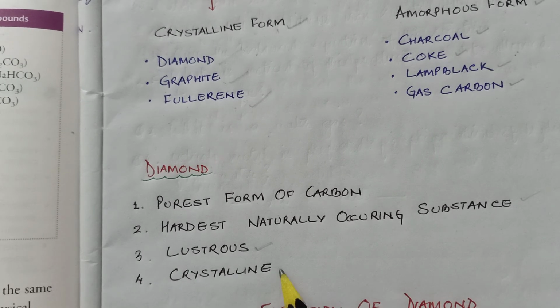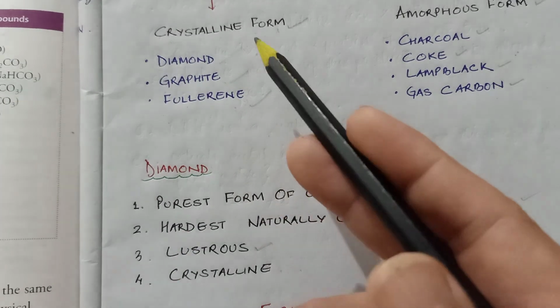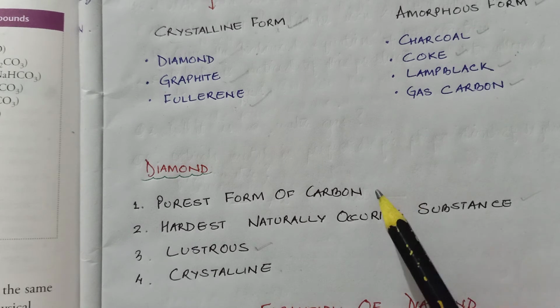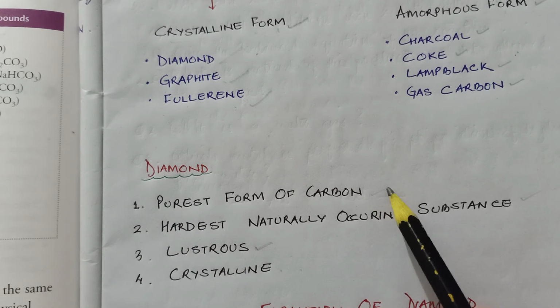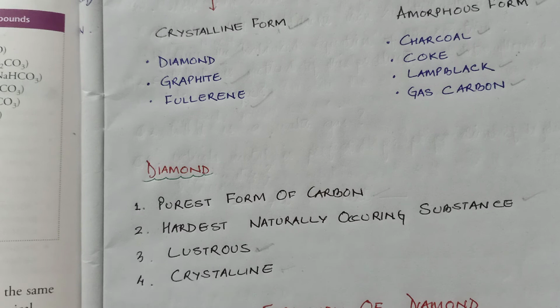Now diamond also exists in what form? Crystalline form. That's why diamond is the crystalline allotropic form of carbon. So let us remember that diamond is the purest form of carbon, it is the hardest naturally occurring substance, it is lustrous, it shines, and it is crystalline in nature.